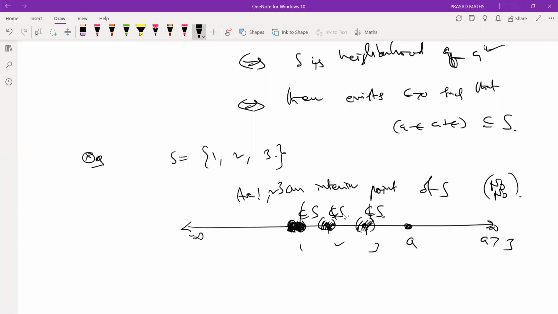Is it an interior point? No, because as already told, whenever you want to say that it's an interior point, it should be a point of S. Is it a point of S? No, sir, I'm taking only a finite set. So therefore it cannot be an interior point. So what are the interior points? No point is an interior point. S has no interior point.